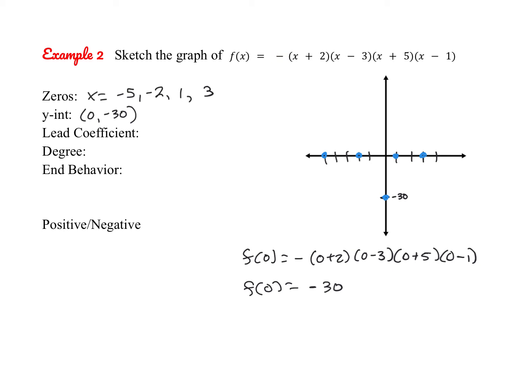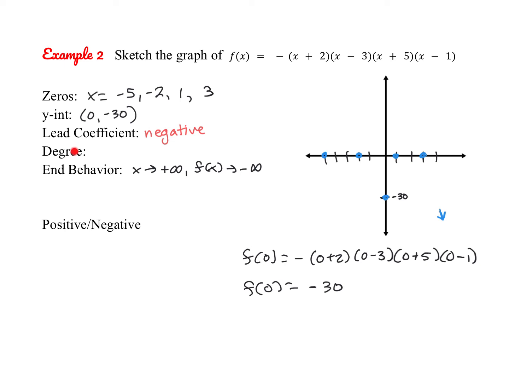I see a negative out front. So our lead coefficient is negative. Again, we don't actually care what the value is, we just care about the sign. Since our lead coefficient is negative, that tells us as x approaches positive infinity, f of x approaches -infinity. So I'm going to draw a little arrow to the right to remind me of that.